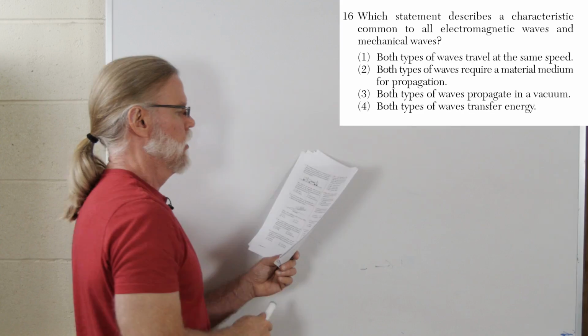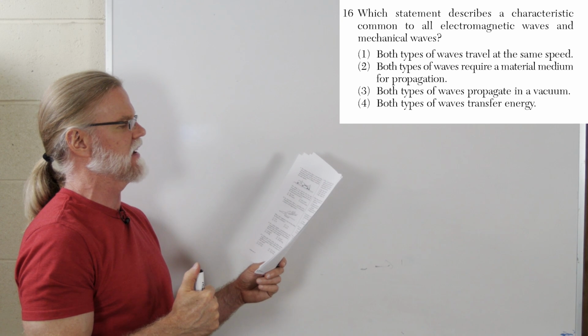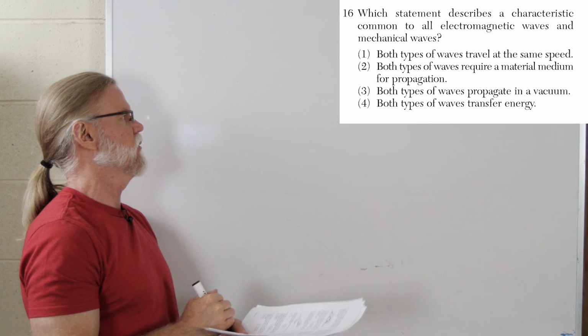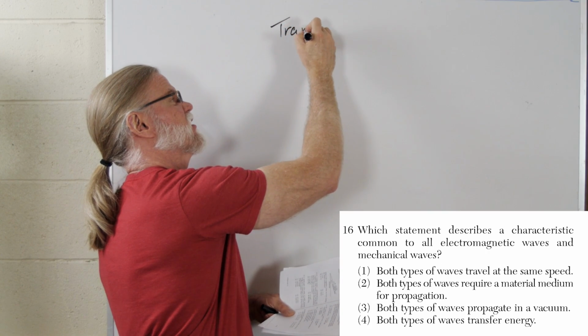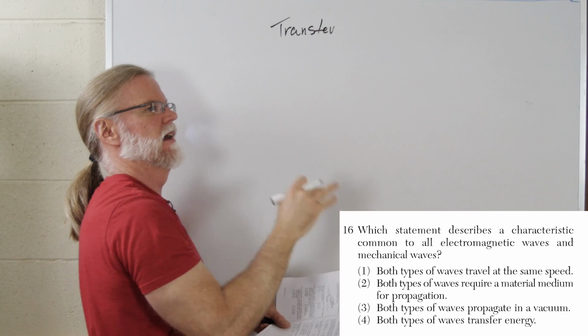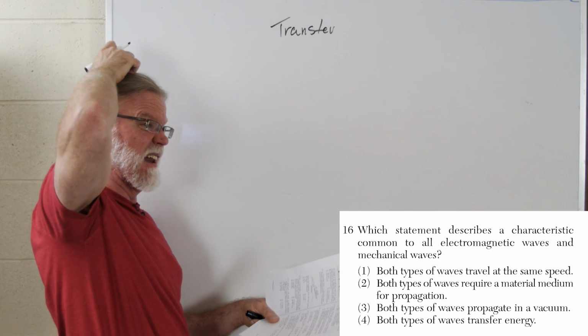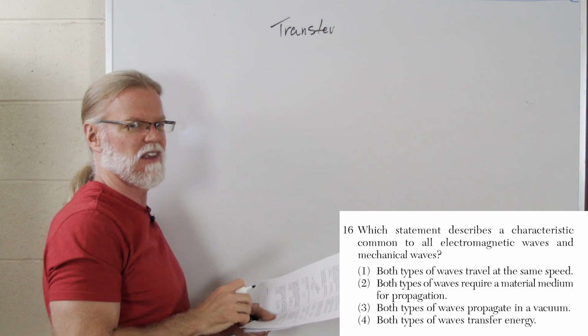Which statement describes a characteristic common to all electromagnetic waves and mechanical waves? All right, well, properties of waves. Well, the first thing, remember when I tortured somebody in your class by, they were throwing a ball at a cup or something like that, and I made them knock the cup over, and if they didn't hit it, they had to go get the thing themselves.